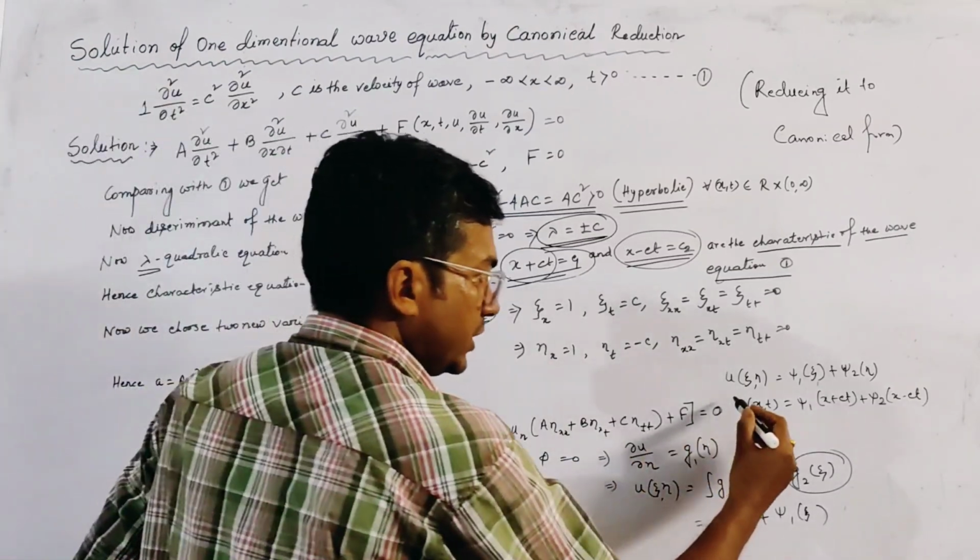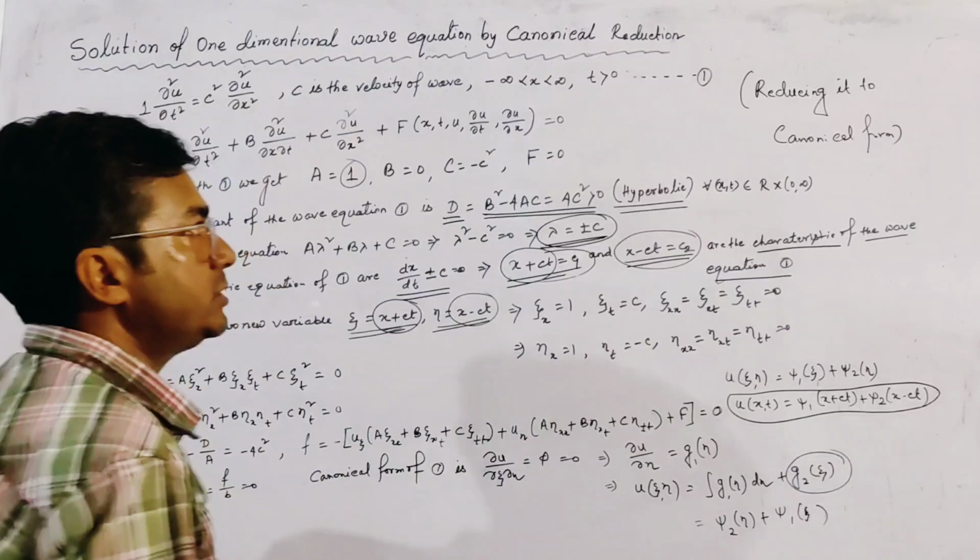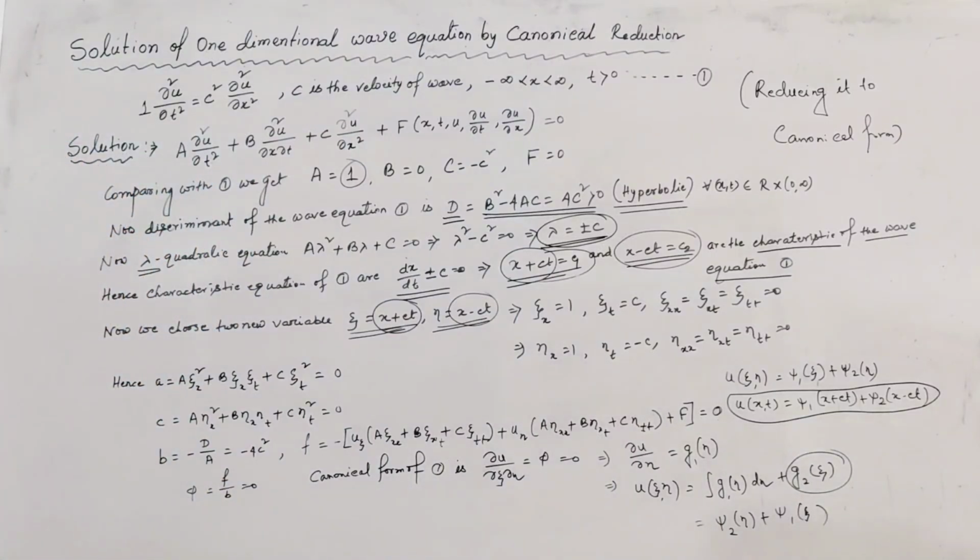So this is the general solution of the one-dimensional wave equation by reducing it to canonical form.